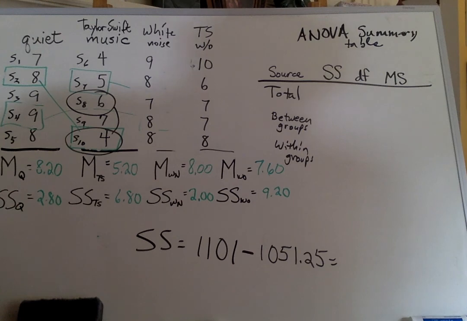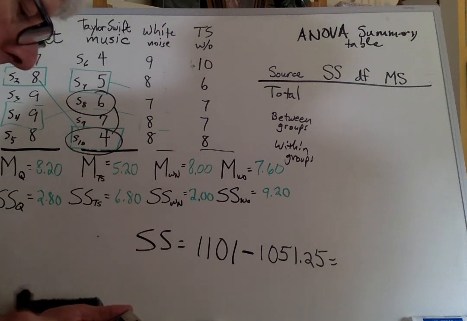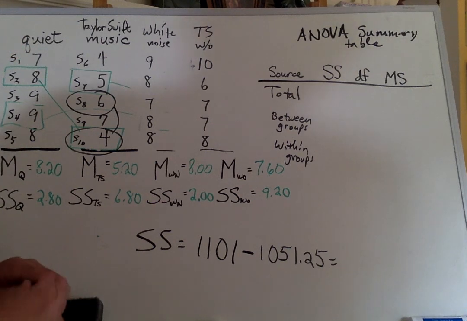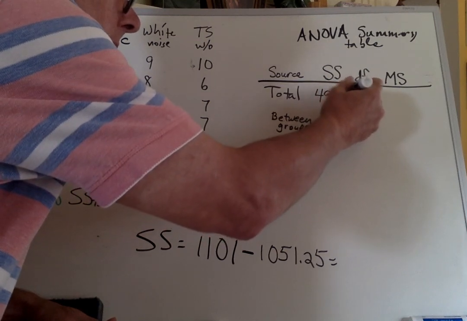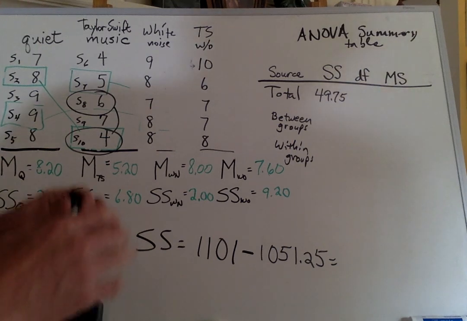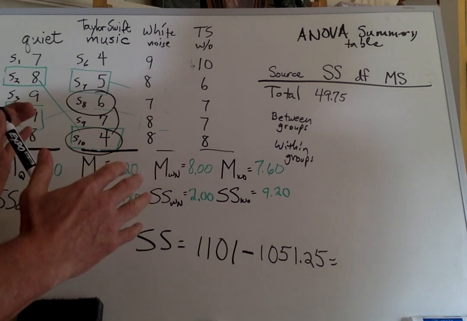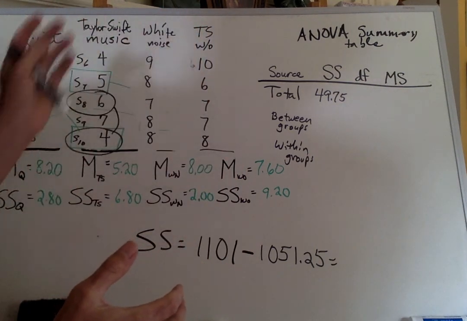Okay. So the sum of squares then for all 20 numbers, right? 1101 minus 1051.25. 49.75. That's the total, the sum of squares for these 20 numbers. That's our building block for the variability for these 20 numbers.